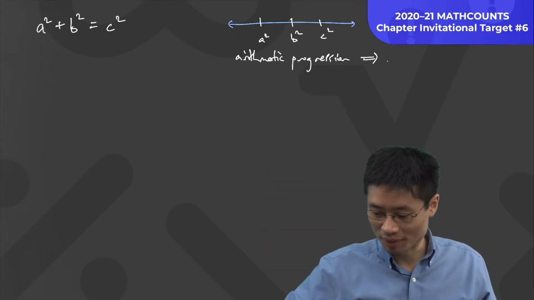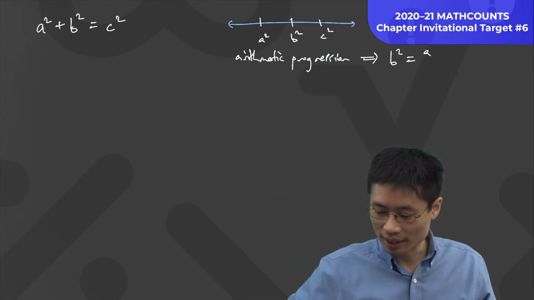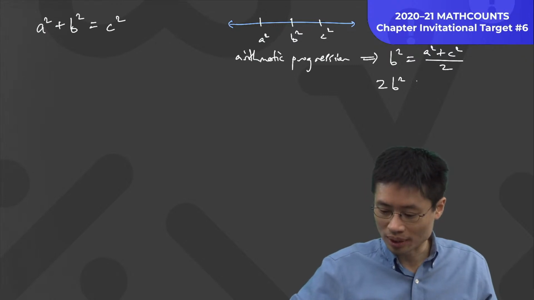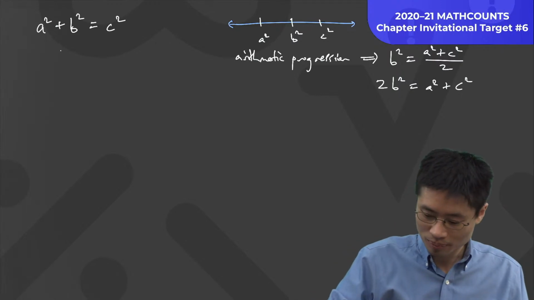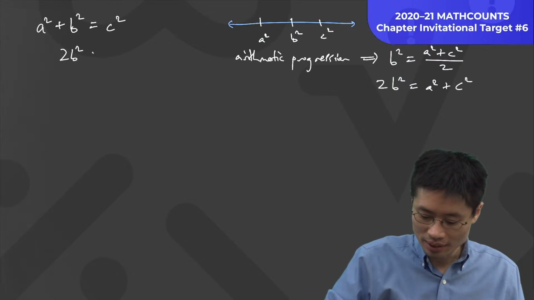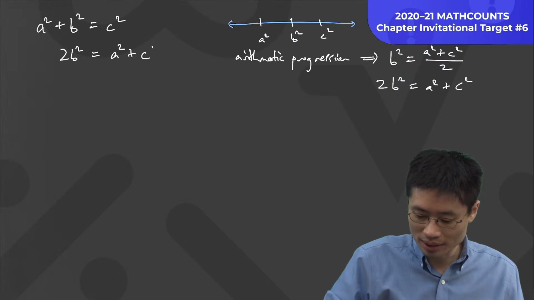B squared has to be the average of a squared and c squared. So this is a squared plus c squared over 2, which gives me a nice equation: 2b squared equals a squared plus c squared. So that's another equation I have.